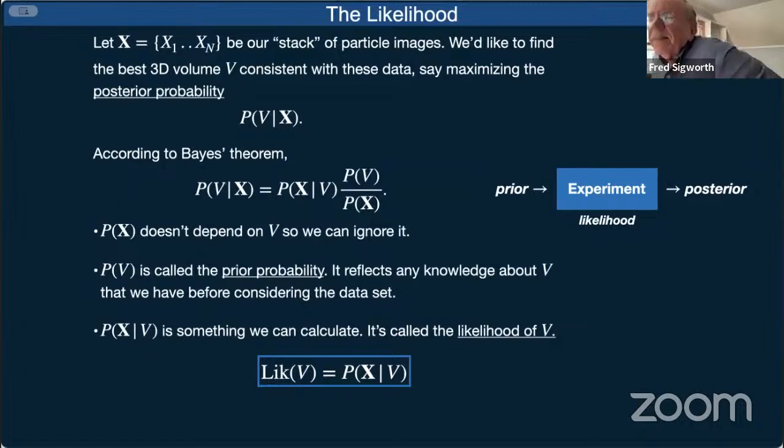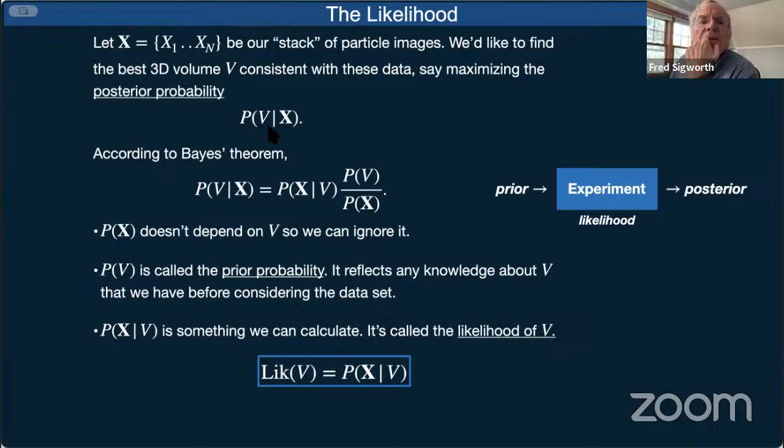Now, so that's the probability of an image. What's the likelihood anyway? So let's let big X here be our data set, our stack of particle images. And what we'd like to do is maximize a probability. This is the probability of a volume given our data set.